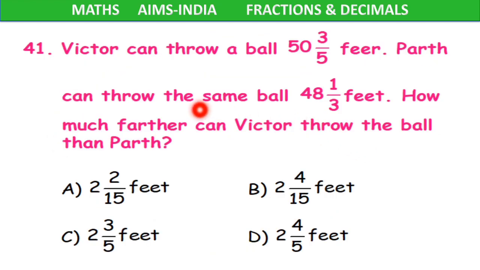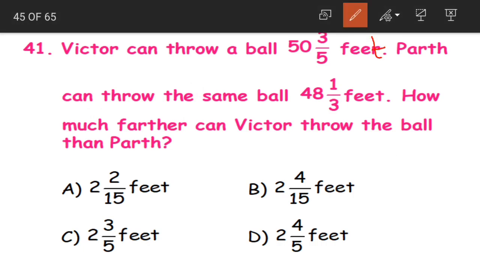Next question 41. Victor can throw a ball 53 by 5 feet. Next, Parth can throw the same ball 48 1 by 3 feet. How much farther can Victor throw the ball than Parth? Again, what is the question here? If we understand, we are given the information about two boys here.